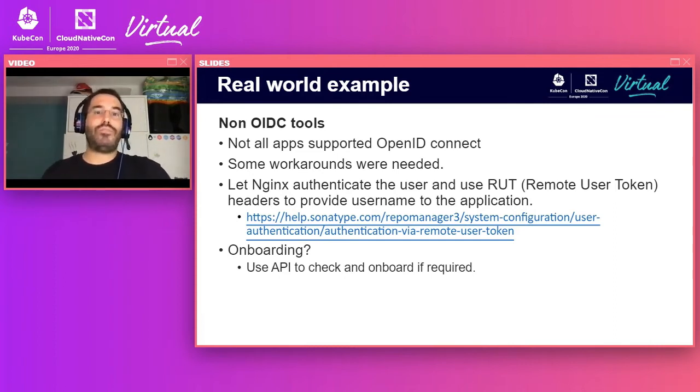As Nginx is proxying our request to Nexus, we can fill those headers from the ID token when proxying the request. And what about the user onboarding? The user must exist for the remote user headers to work. So when the user does the OIDC login in Nginx, we run a small script and check via REST API if the user exists. If the user does not exist, we create the user using the API, and then we use the remote user headers.